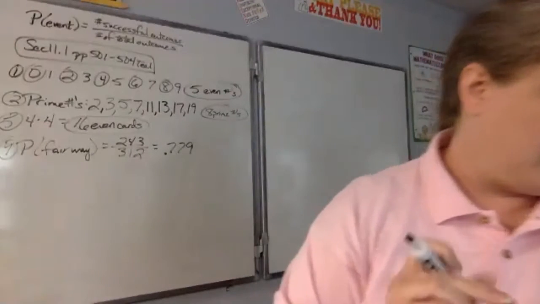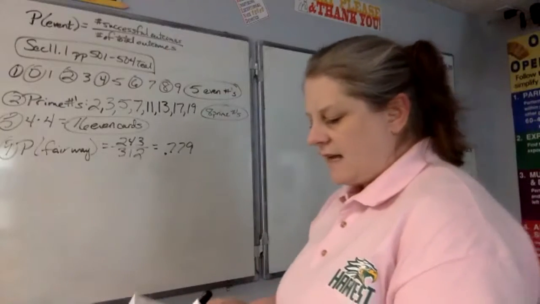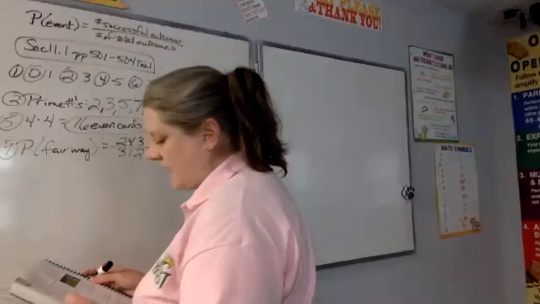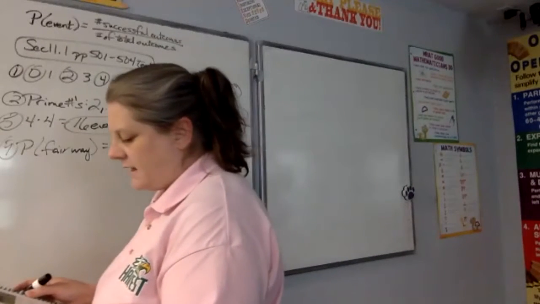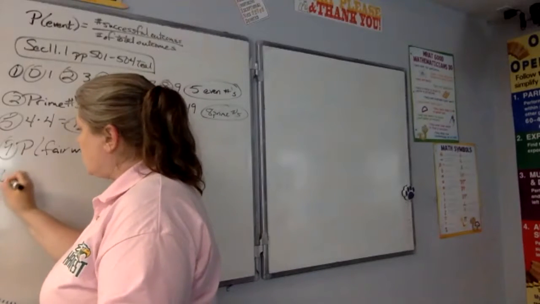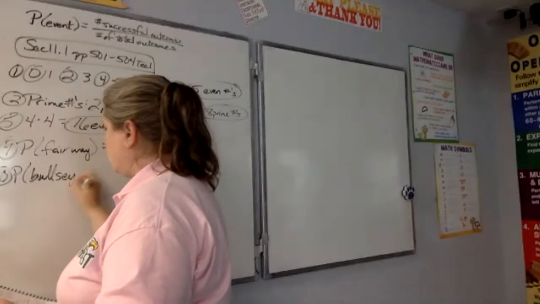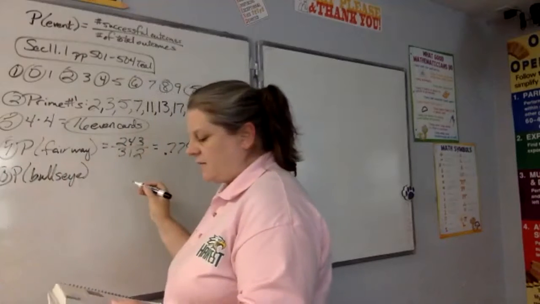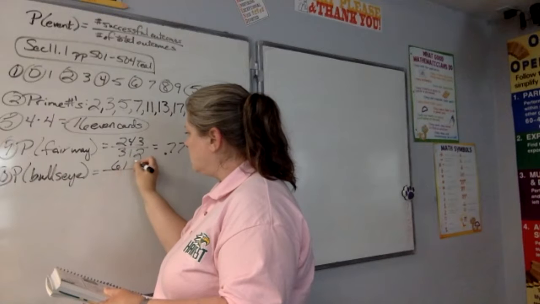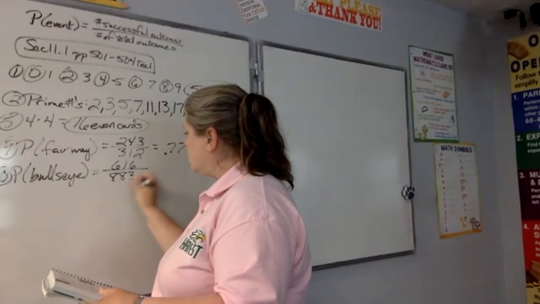So, number 10. Number 10 says, Baxter was able to hit the bullseye 616 times out of 883 attempts. What's the probability that Baxter will hit the bullseye? So the probability of hitting a bullseye is how many times did he get it? 616 times out of 883.